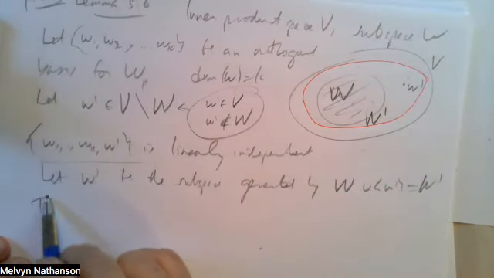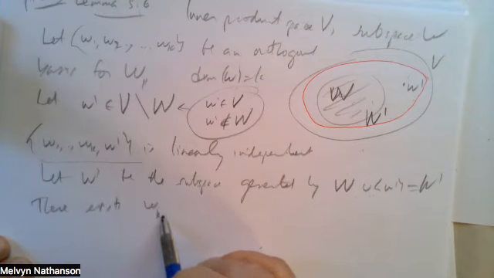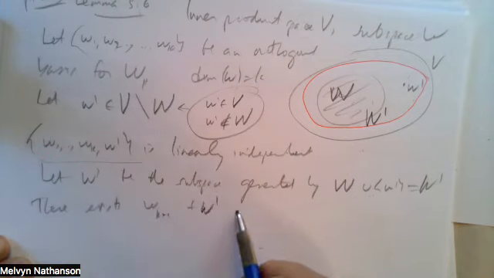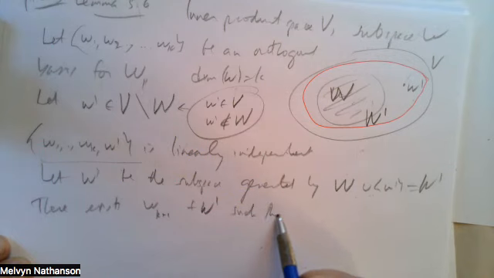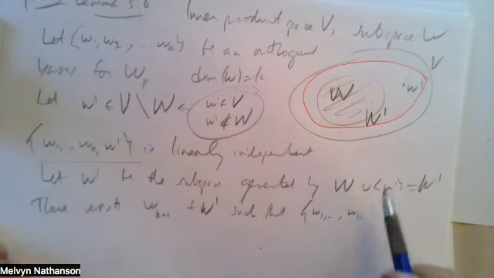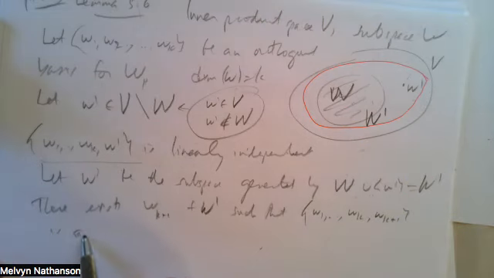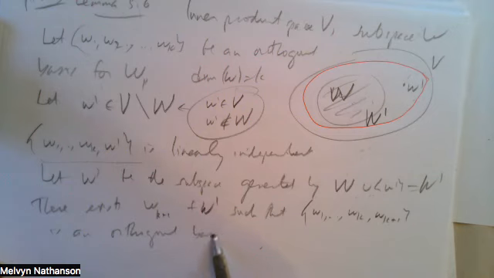And I claim that there exists a vector WK plus 1 in capital W prime such that the K plus 1 vectors, W1 up to WK, the orthogonal basis for W, together with WK plus 1, is an orthogonal basis for capital W prime.